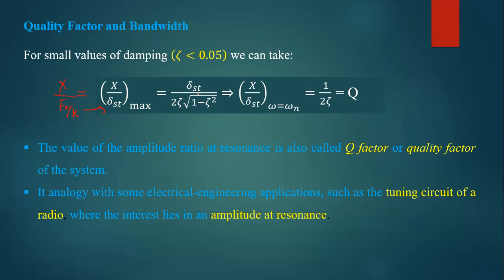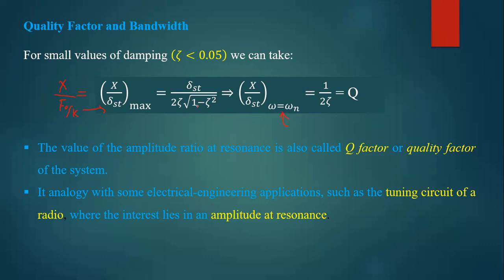This value equals f naught over k over 2 zeta radical of 1 minus zeta square, near the resonance point, where omega equals omega n.